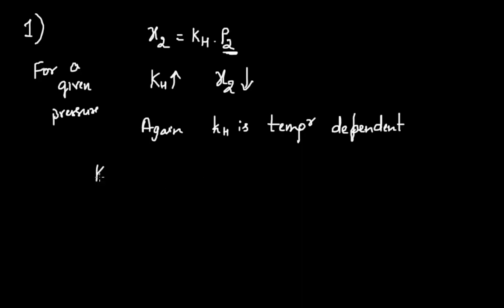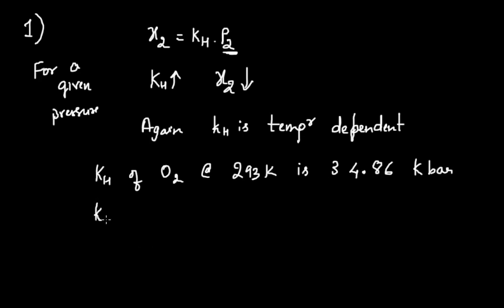For example, kh of oxygen at 293 Kelvin is 34.86 kilobar.